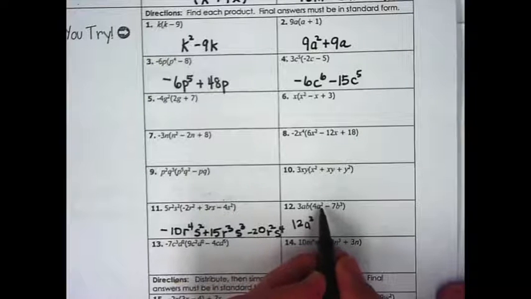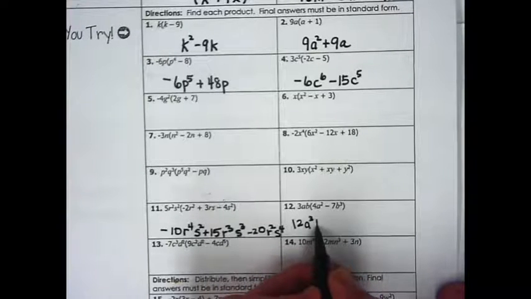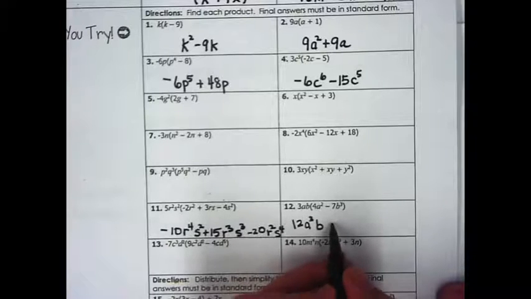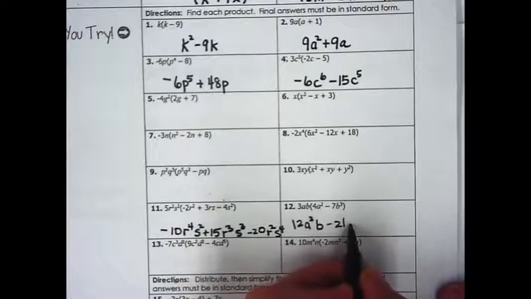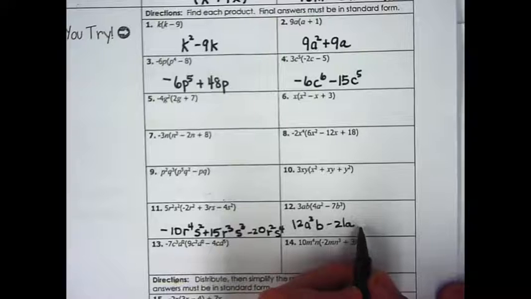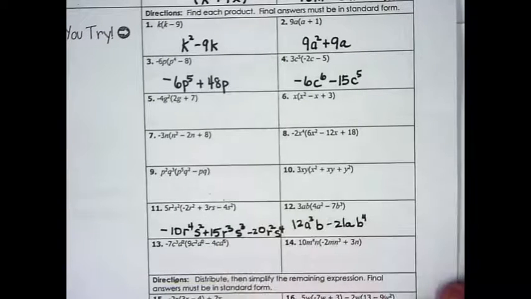B has nothing to multiply with, so I'll put it right there. Then I've got negative 7 times 3 is negative 21. There's nothing to multiply that a with, so I'm going to copy it down. And b times b cubed would be b to the fourth. And there you have it.